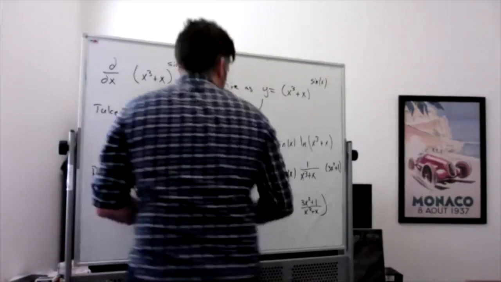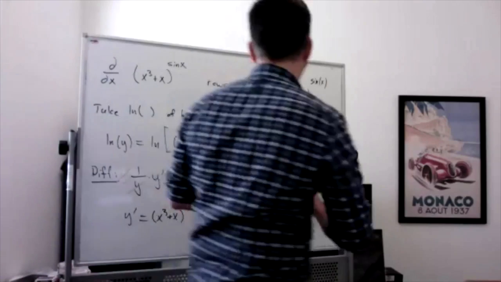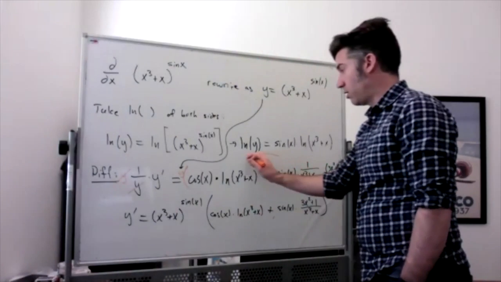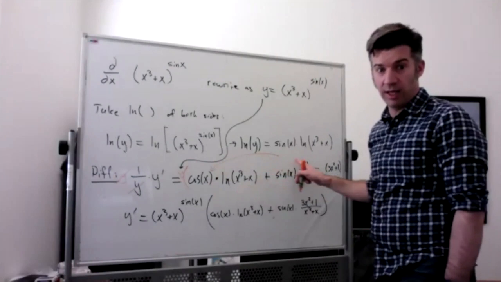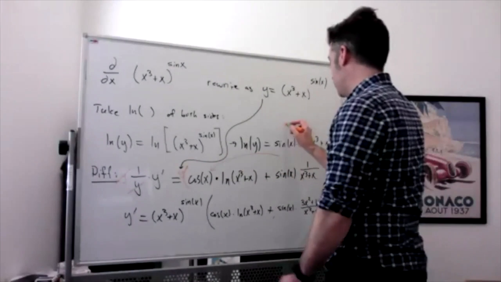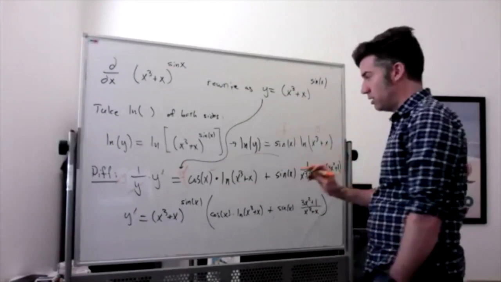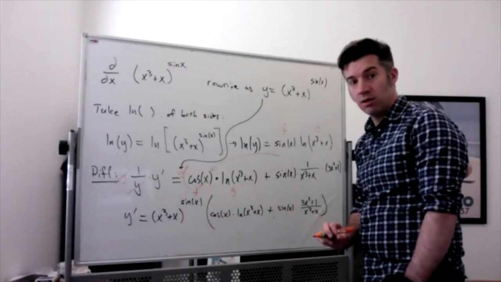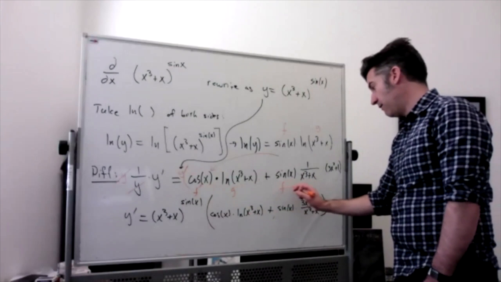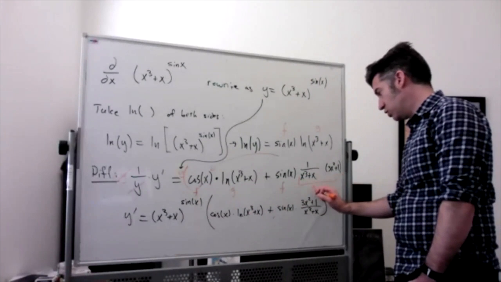But now what I'm doing is using the product rule, right? Here, that's the derivative of sine times not the derivative of the natural log. So this is my f and this is my g. This is my f prime. This is just g. This is my f. This is my g. Oh, okay.